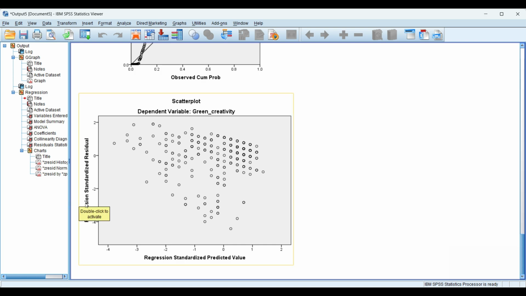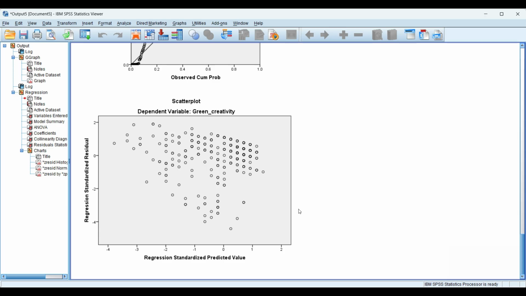These dots show values below -3, and some are extreme, below -4. So these are the extreme outliers. Because we use the standardized residual, the values should be between -3 and +3, but there are many points below -3.